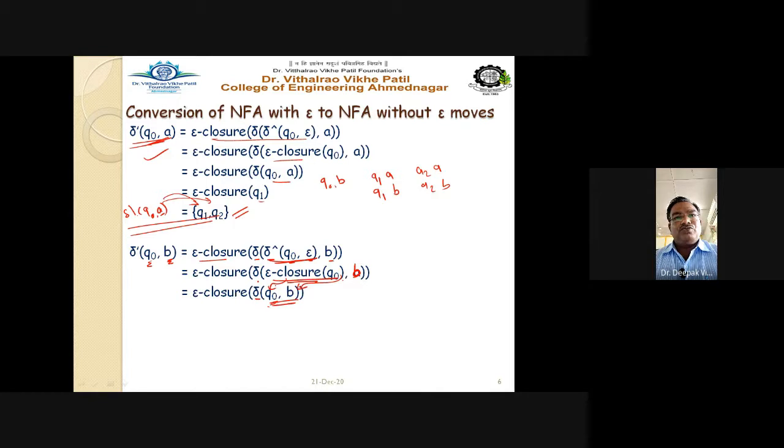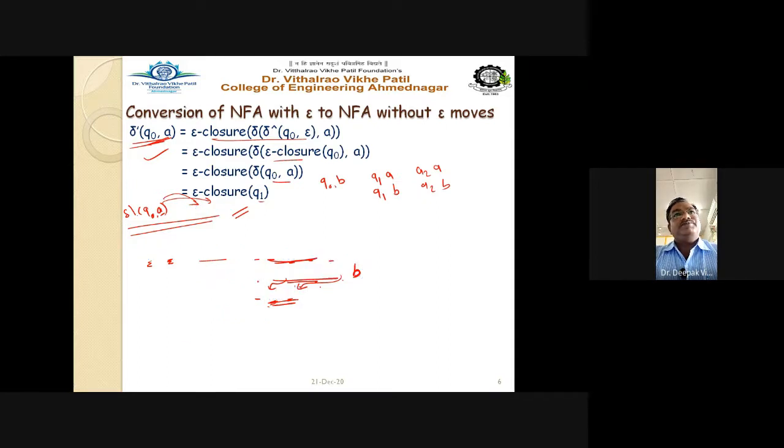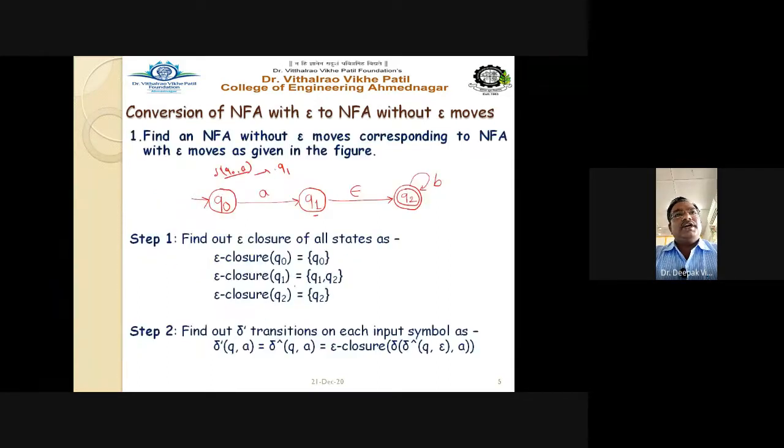So δ(Q0, B): is there any transition from Q0 on input B? No. When you check the diagram, there is no transition from state Q0 on input B. So we can write the ε-closure of φ, and that is nothing but φ, because there is no transition. You can check it in the diagram itself: Q0 on A is the only transition, and Q0 on B has no transition. That is an empty transition, or we can call it φ, and the ε-closure of φ is itself φ.